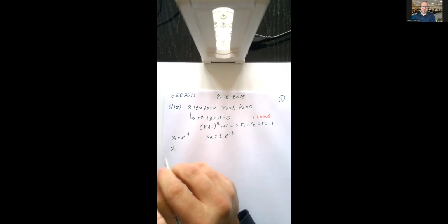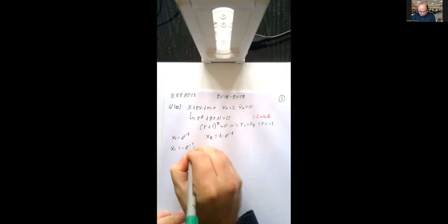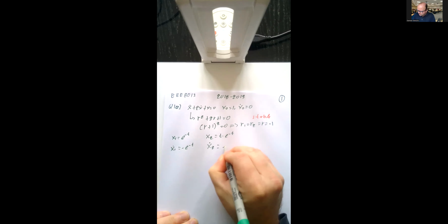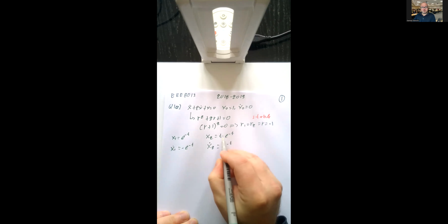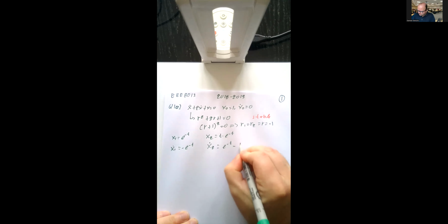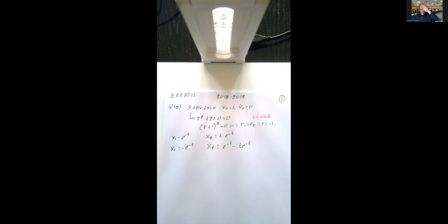So these are now my two solutions. Because of that, I know that later I'm going to need the first time derivative. It's going to be minus e to the minus t, and this is going to be e to the minus t. Please remember, this is a product of two functions that depend on time: minus t e to the minus t.